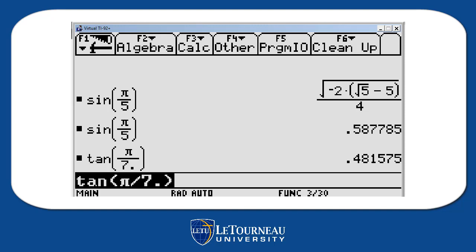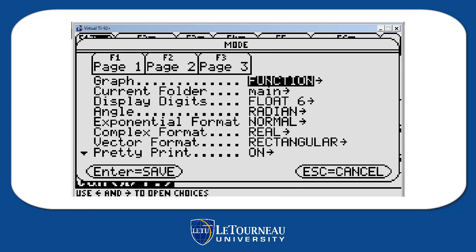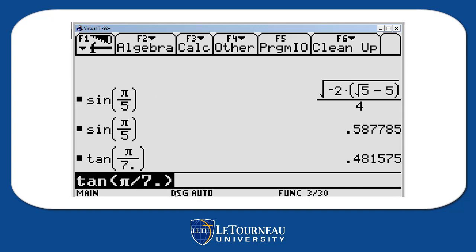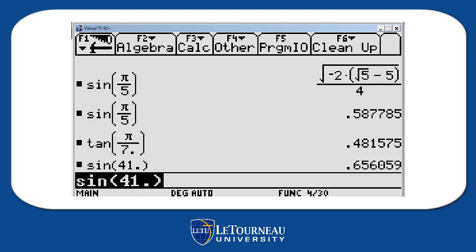All right, now let's check out the TI-89. Those are the numbers that we'd been working with before. So we need to go to mode, come down here to radian, change it to degree. Now we're in degrees. So look for the key that says sine, hit sine, and then let's do the sine of 41. Notice we put a decimal point in.